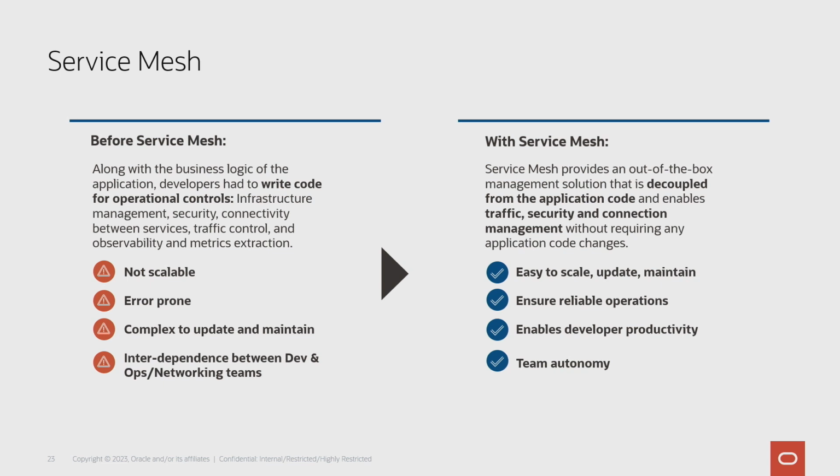You don't have to work with your network administrator to get access to control the communications between your services. No, that's all gone. With service mesh, things get easier. It's a scalable thing you can use when your microservices are really growing and scaling.